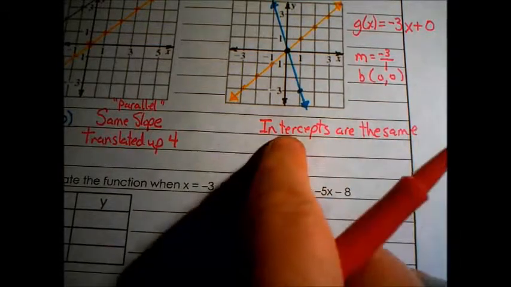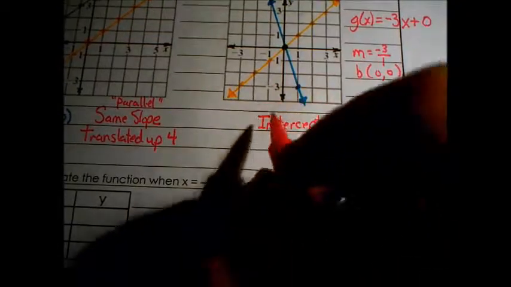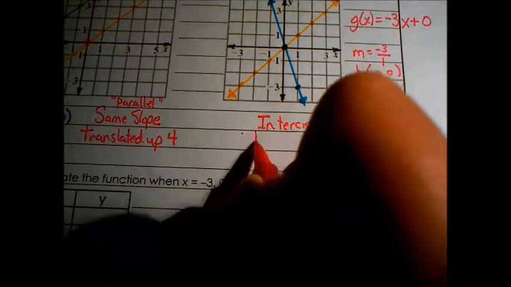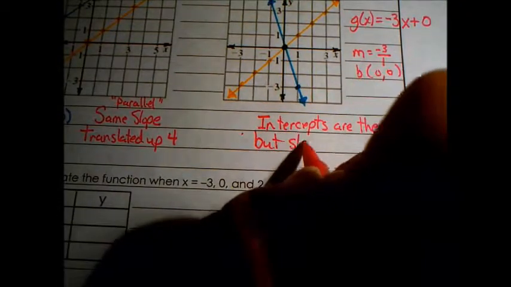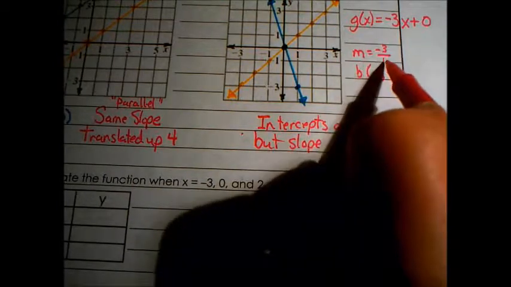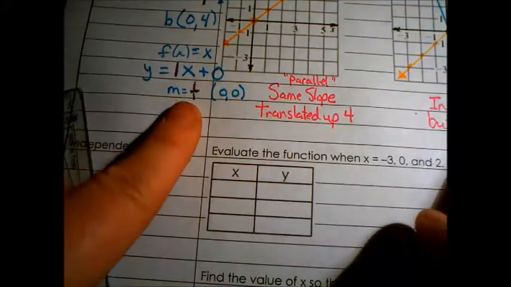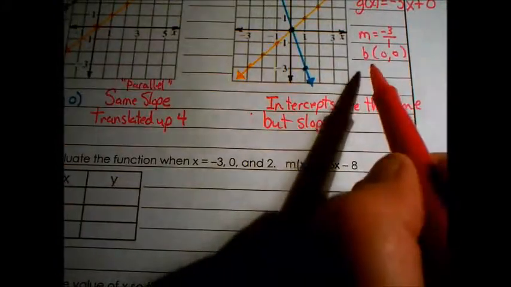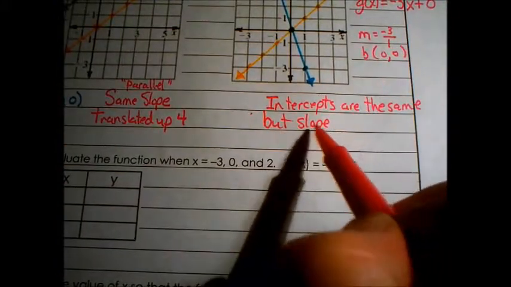Okay, my intercepts are the same, but this time my slope changed. The slope became negative 3 over 1, where the parent graph was 1 over 1.